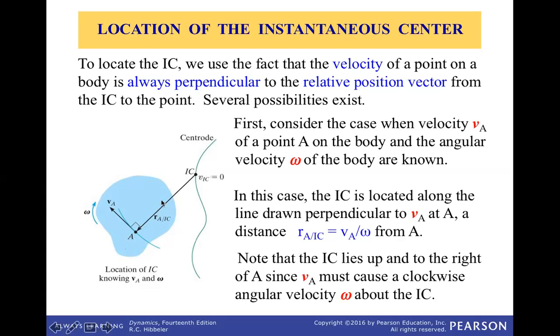If the body is rotating in this direction, then the IC should be on this side, not the other side, because that makes it rotate in that direction. For the length of this r vector, you use the relationship v equals omega times r, or r equals v divided by omega. That gives you the length, so you can determine where the IC is given the velocity and the angular velocity. If you know the velocity and angular velocity of a particular point on the object, then you can locate its IC.